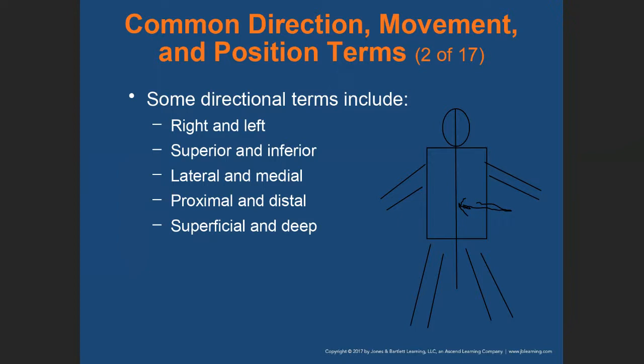So if we look at the forearm, the pinky side of the forearm would be medial. If a structure's position is away from the midline, it is referred to as lateral. So the lateral side of the forearm would be the side where we have the thumb.